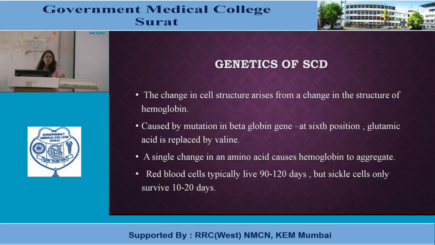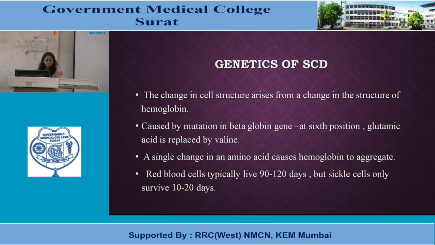Now, genetics of sickle cell disease. The changes in cell structure arise from a change in the structure of hemoglobin. Why is there a change in shape from spherical to sickle? Because of the change in the structure of the hemoglobin, which is caused by a mutation in the beta globin chain. In the sixth position, glutamic acid is replaced by valine.